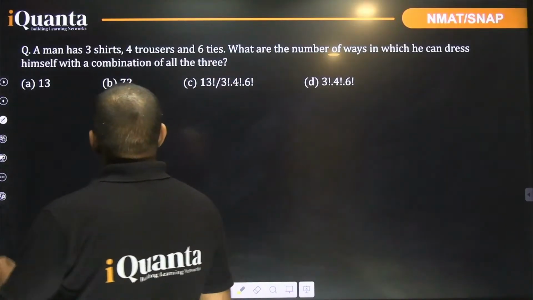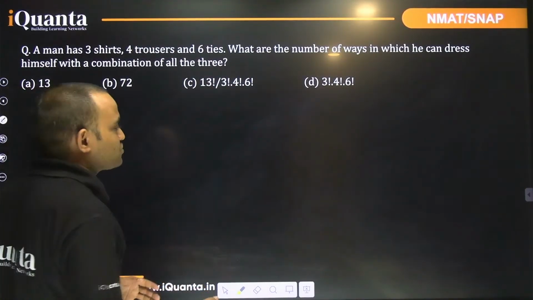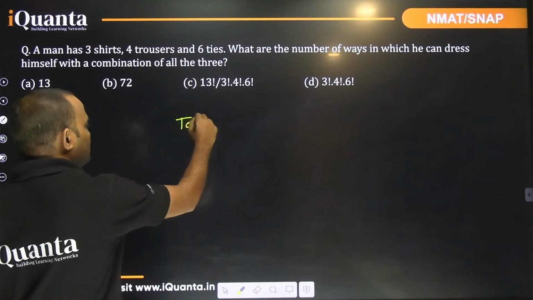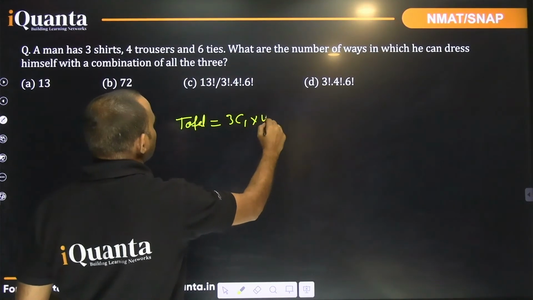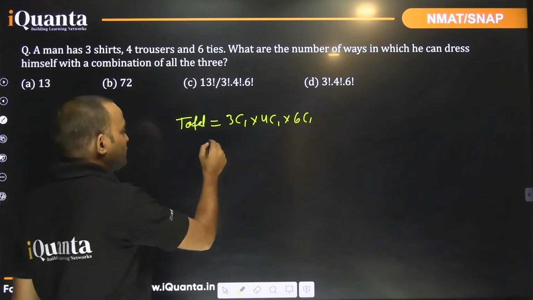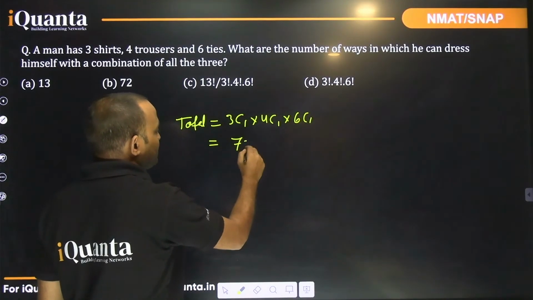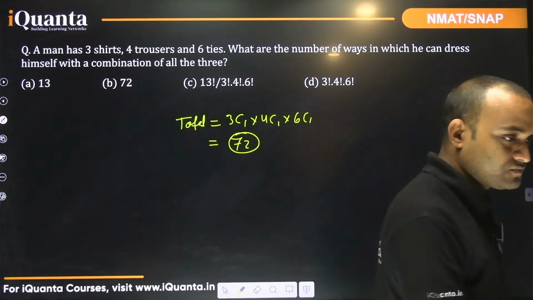Yes, answer is 72. A man has 3 shirts, so he can choose any of the 3 shirts. So it will be 3C1 into 4C1 into 6C1, which will be equal to 72. Okay, total of 72.